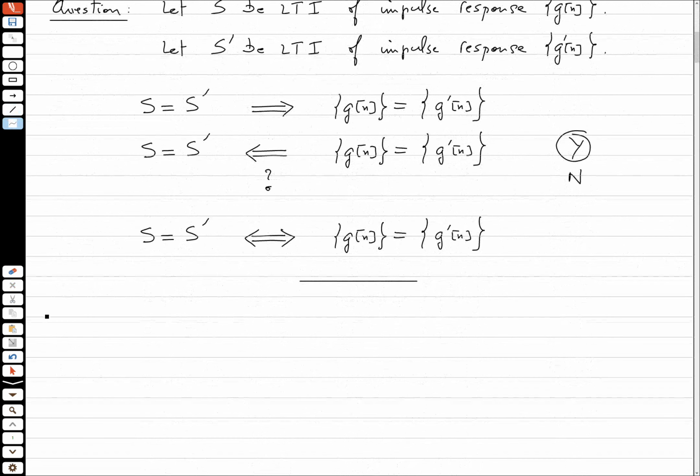Okay, next is going to be section 5 or 6, maybe 6. We are going to specialize in convolution.